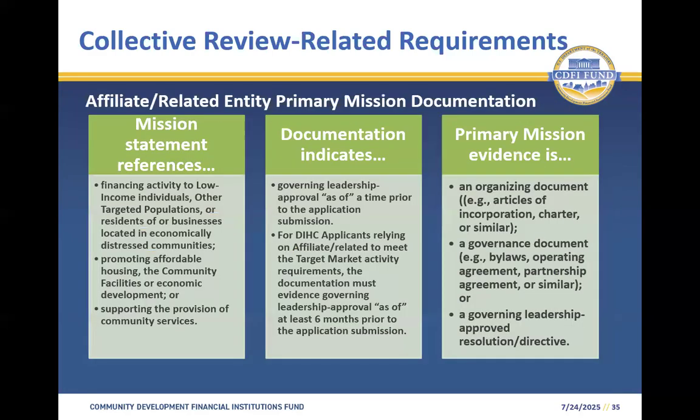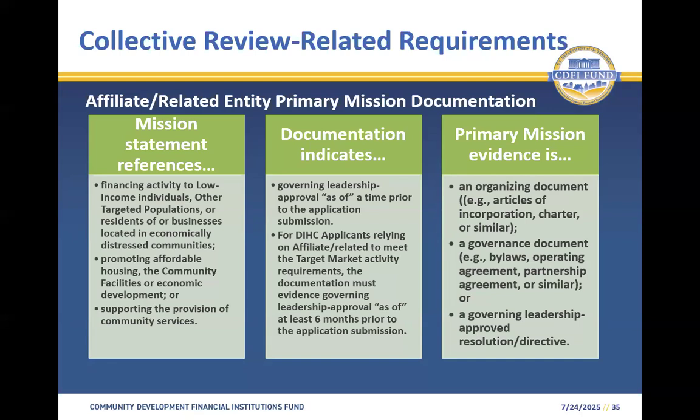The three columns articulate the requirements for affiliates' primary mission documentation for collective review. The mission itself must convey references to providing financing to distressed communities or targeted populations identified by the CDFI Fund, promoting efforts such as affordable housing or economic development, or supporting community services.